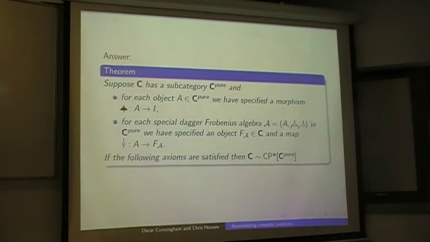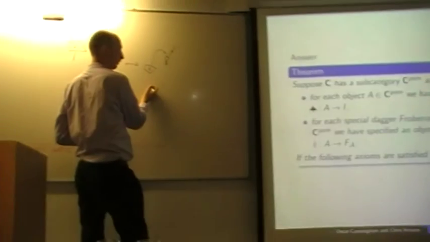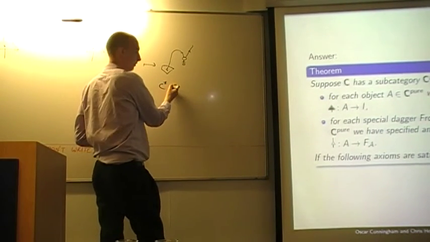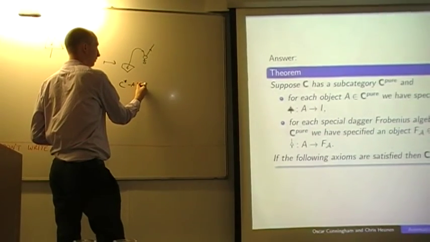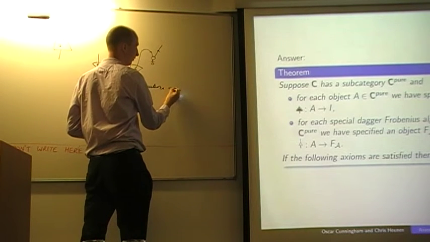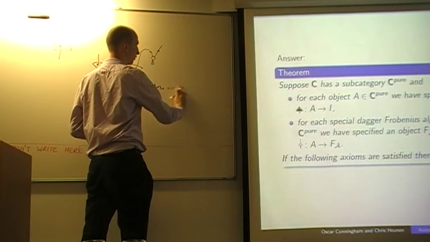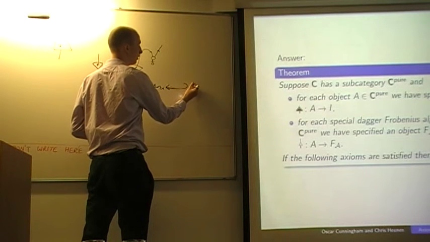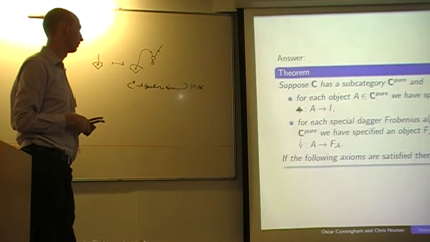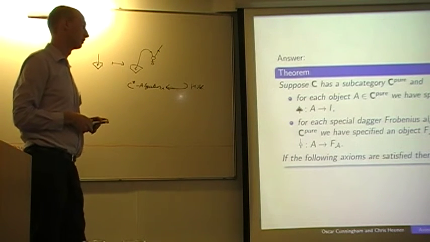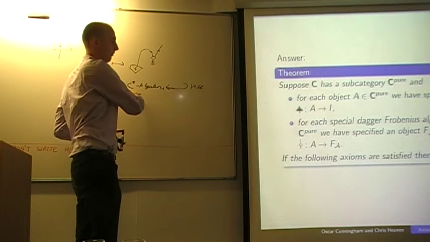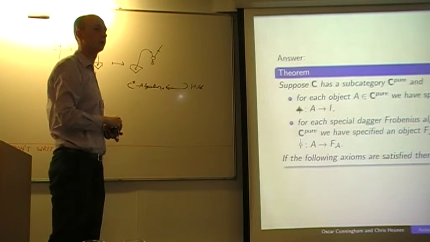Sure. So if C was the category of C star algebras, as we usually think of them, then C pure would be Hilb. And if you have a special dagger Frobenius algebra right here, that gives you a C star algebra.